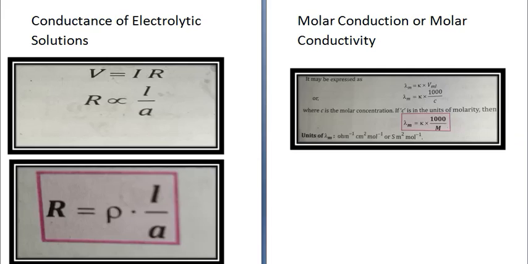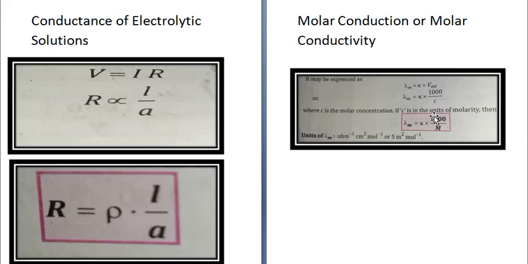So it is expressed as lambda m is equal to K, the symbol for conductivity, into V in milliliters. So lambda m is K into 1000 upon C, where C is the molar concentration.